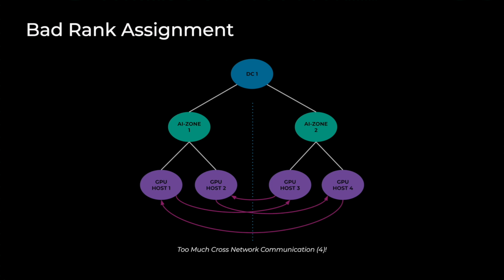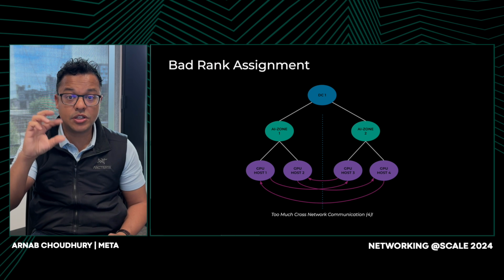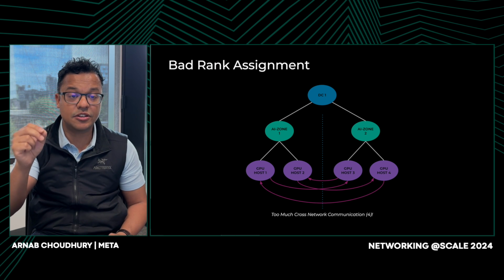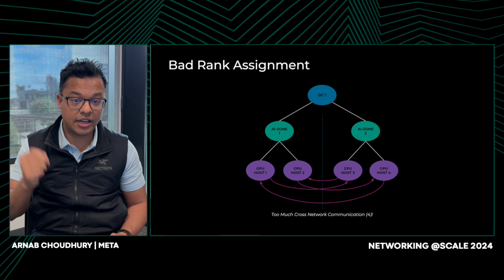Specifically, GPU host 2 is talking to GPU host 3, and GPU host 1 is talking to GPU host 4, but there's a lot of back and forth communication. And this can increase the number of slow communication channels in latency-sensitive parallelism techniques, such as tensor parallel, thus leading to bad performance.